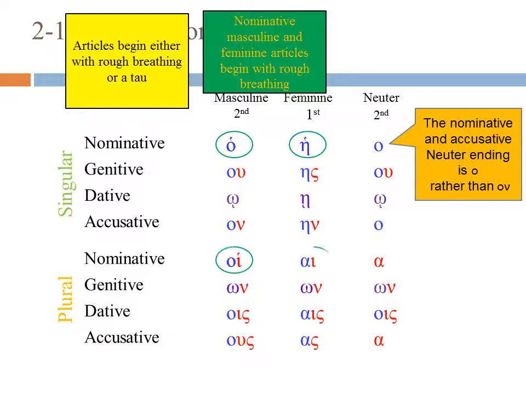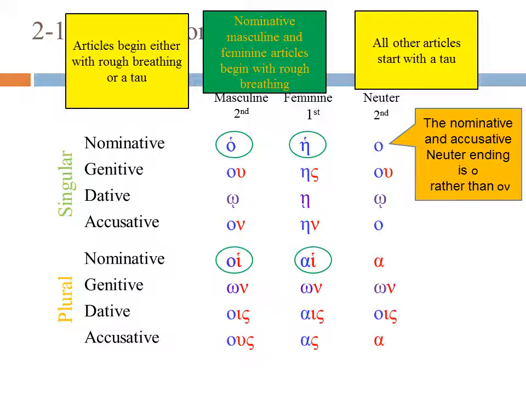So we get oi becomes hoi, ai becomes hai. These are the definite articles. Okay? Now, all other articles start with a tau. That is, articles that do not begin with rough breathing must begin with a tau. So let's look at the masculine, and we'll just fill this in with tau.